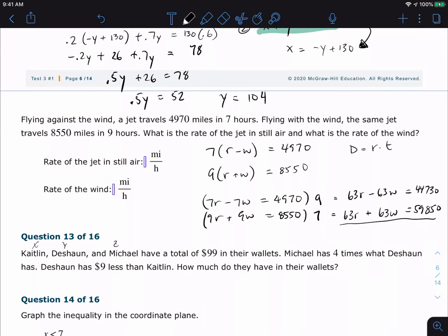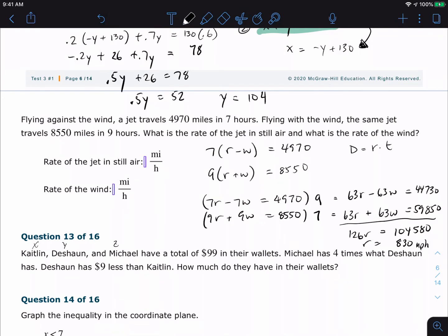And when I add these, I'm going to get 126r is equal to those two added, which gives me 104,580, dividing by 126. The rate of the plane in still air is 830 miles per hour.